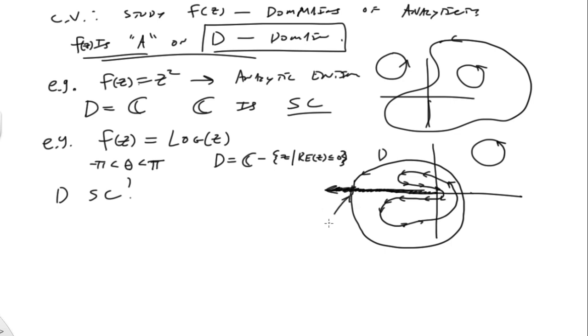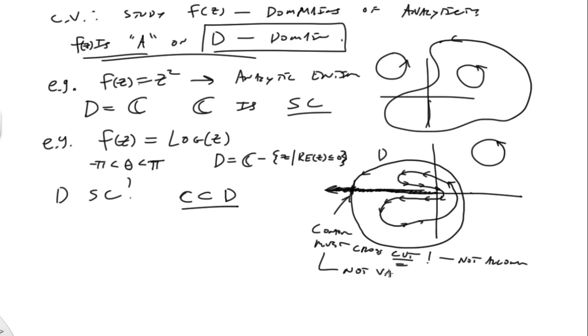But the contour must cross the branch cut, which is not allowed, because our contour C must be entirely inside of D. Because it contains a point that's not in D, contours like this are not allowed. So this is not valid. And what we say is D in this particular case is simply connected.